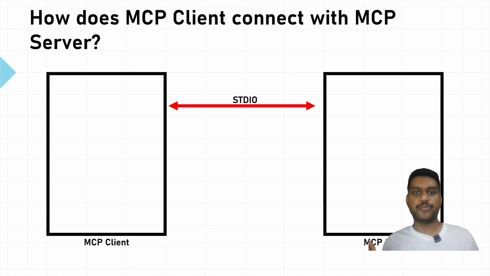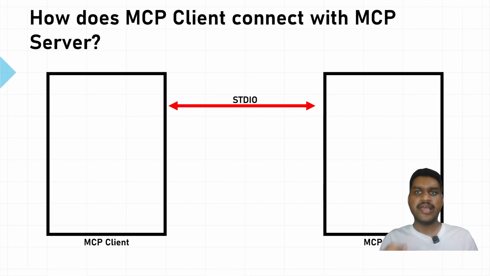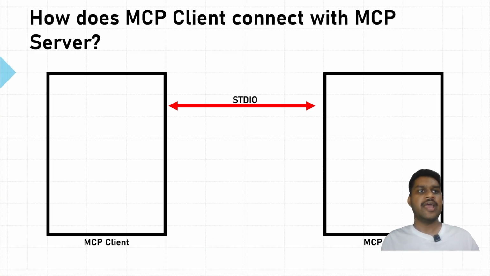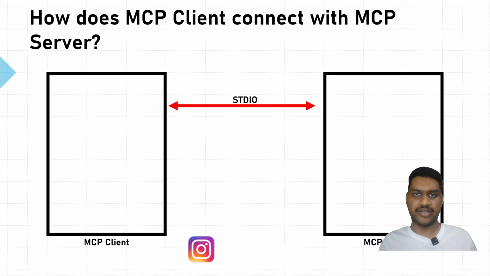First one is standard input output. Here, we create a particular jar file of our MCP server, and then we run that jar file on our machine. Then in the MCP client, we mention the location of that particular jar file.